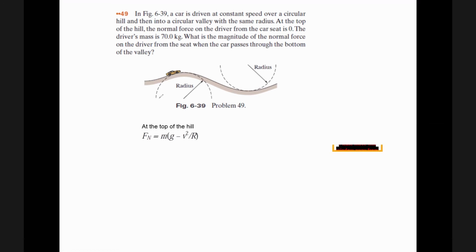The equation: I have F normal, which is positive, theoretically, minus mg. Where is the acceleration? If this is a circle here, where is the acceleration? Down. So it's negative. So it is minus mv squared over r. This is at the top, right?